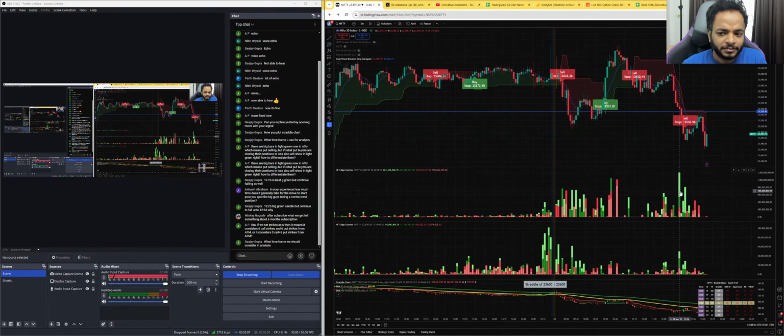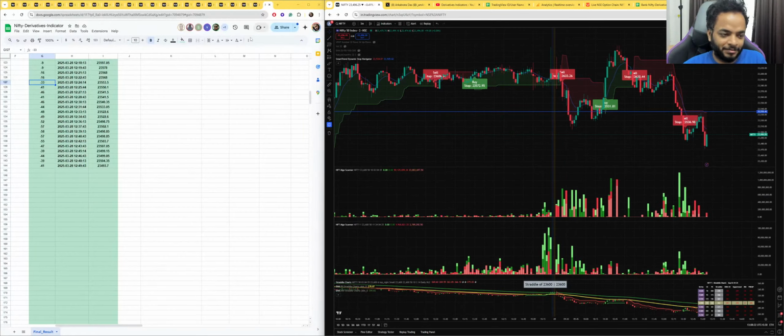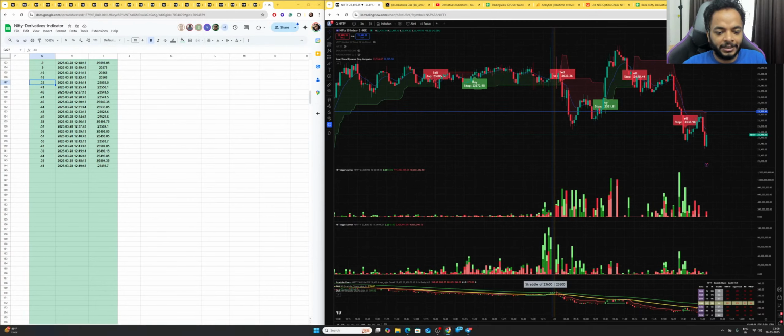So there won't be any change for the HFT algo scanner or the AI money flow as well.